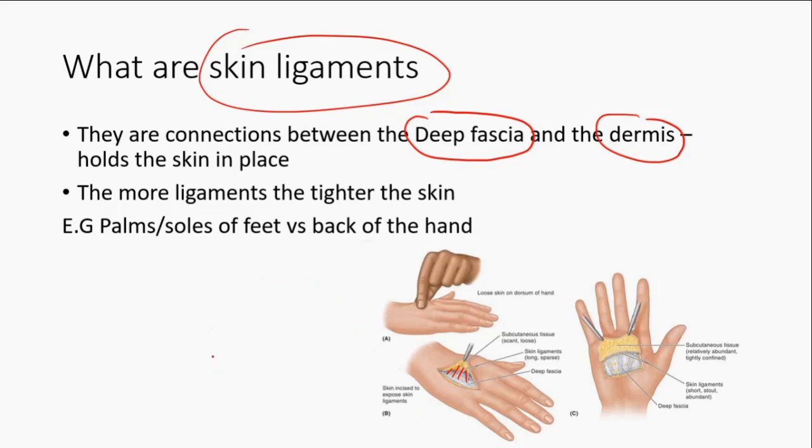So if this is your deep fascia here, and above that is your subcutaneous tissue, and then your dermis is here, and then your epidermis here, these ligaments run through your subcutaneous tissue to your dermis, like this, to tighten it, to pull it closer to the muscle.